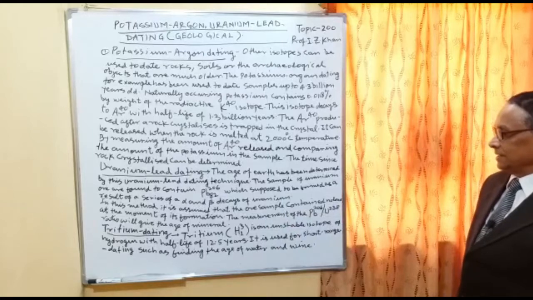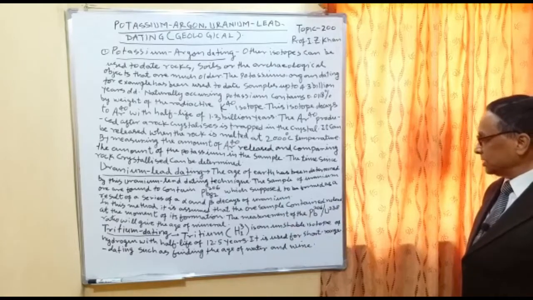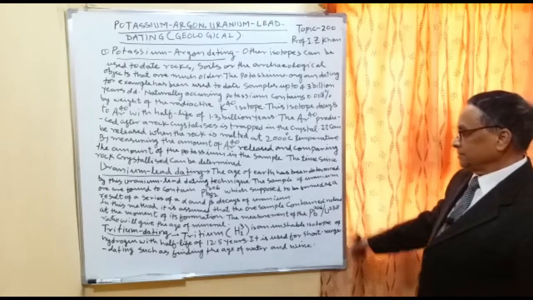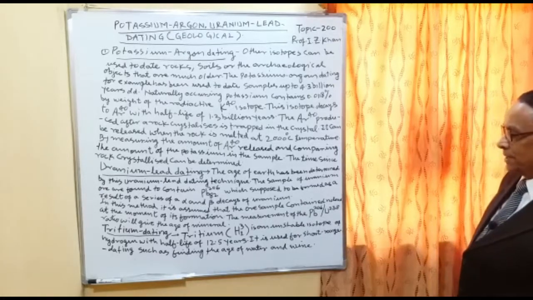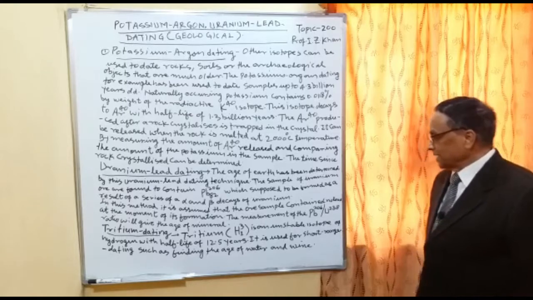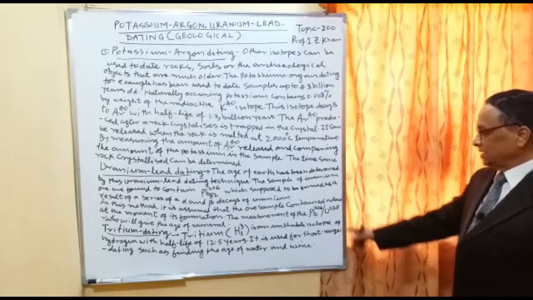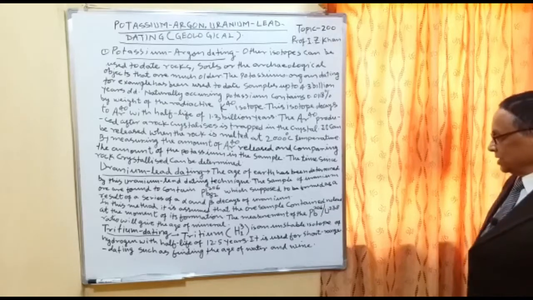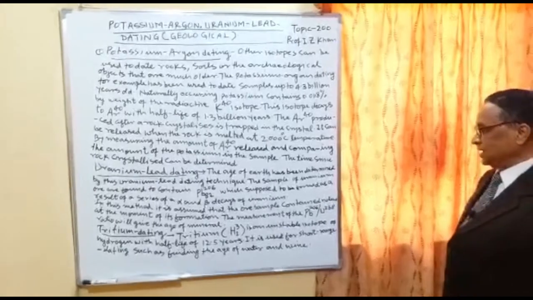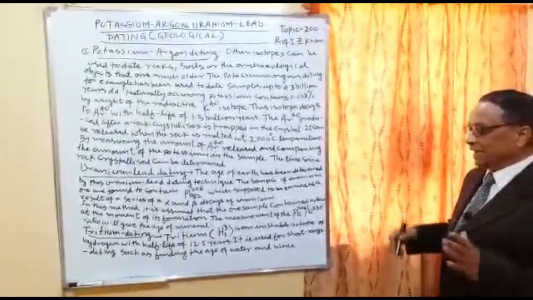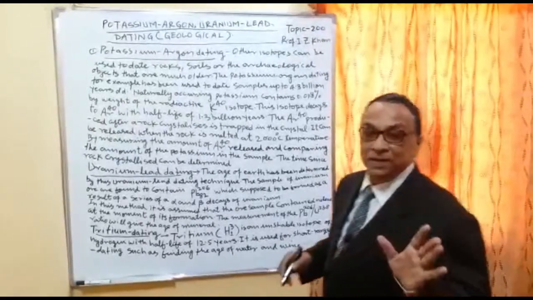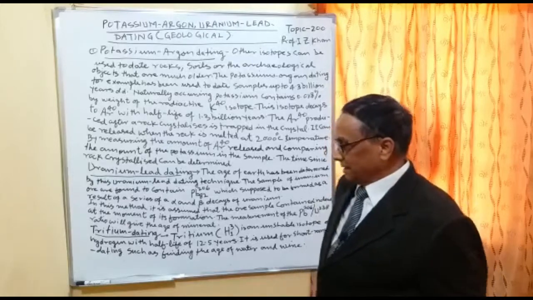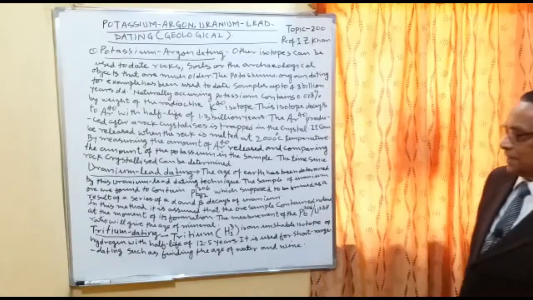In this method, it is assumed that the ore sample contained no lead at the moment of its formation. The measurement of the lead-206 and uranium-238 ratio will give the age of the mineral, and that will let you know the age of the Earth or any other planet.